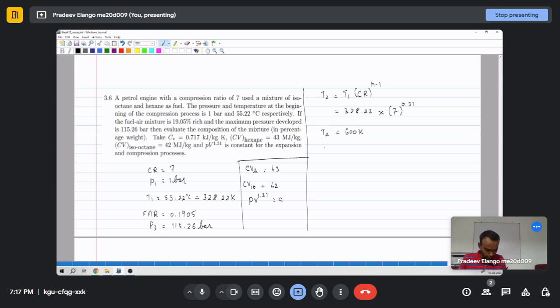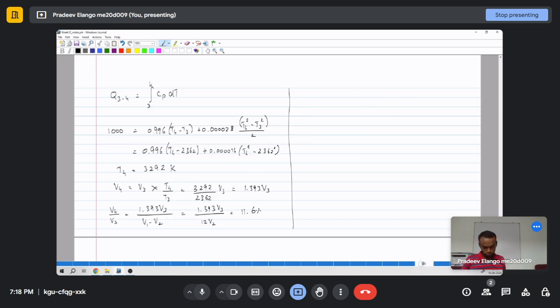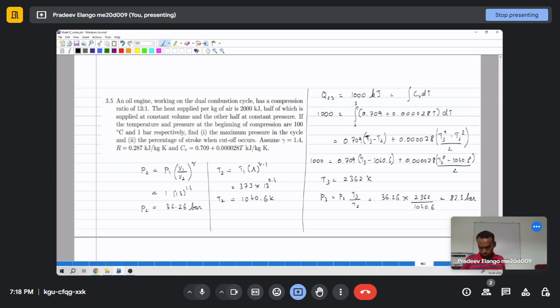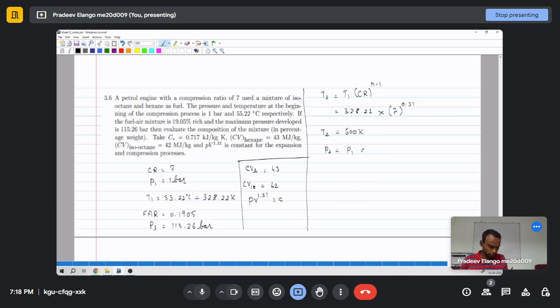You can also calculate P2. P2 is equal to P1 into compression ratio to the power n, so 1 bar into 7 to the power 1.31. This is 12.8 bar. That is P2.